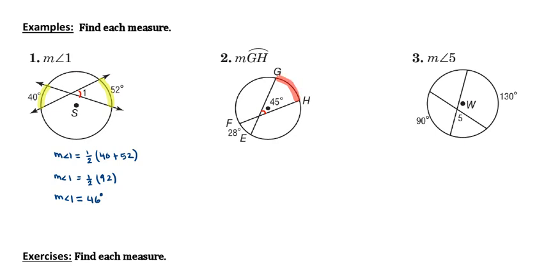So the 45 degrees should come from half of the measure of arc FE added to the measure of arc GH.